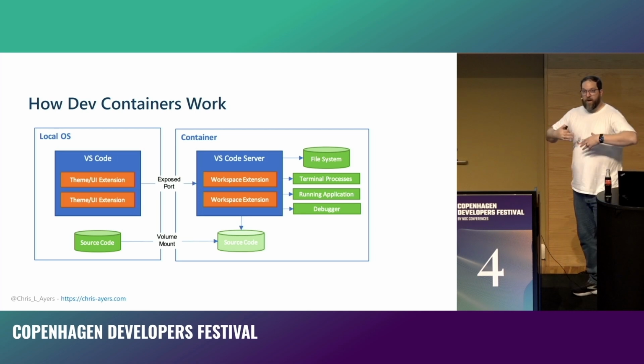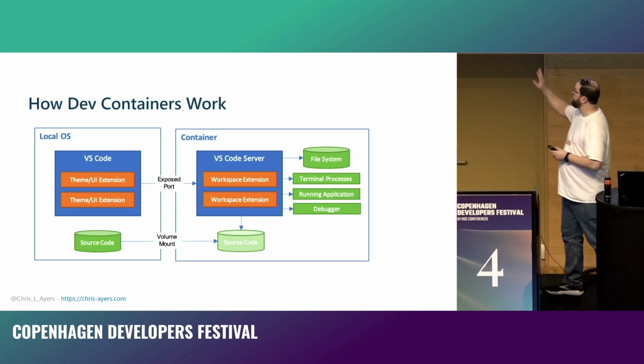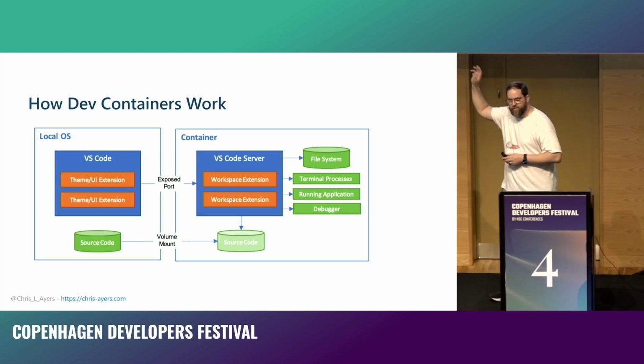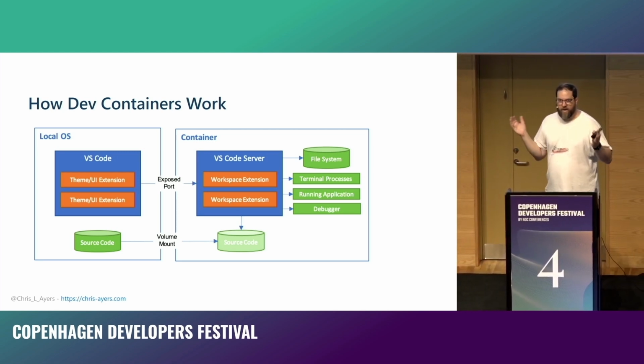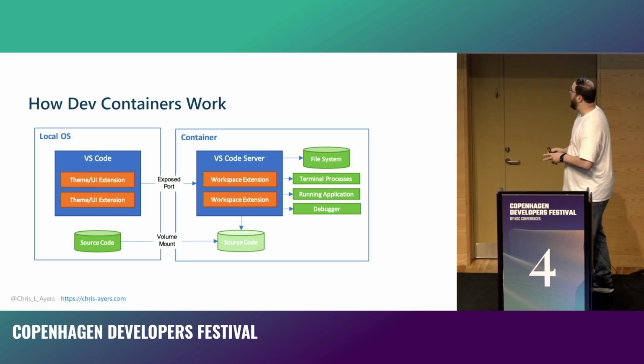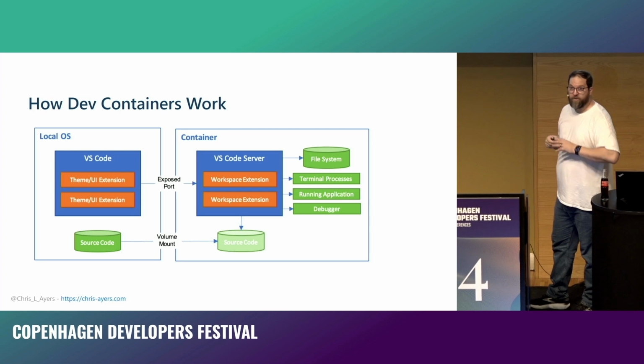Now, what's awesome about using them with VS Code, and even to a degree with Codespaces, is on your local machine, you can run VS Code with your themes, make it the font you like, the size you want, copy and paste, all of that. All of the themes and extensions that you have and the source code is on your local machine.